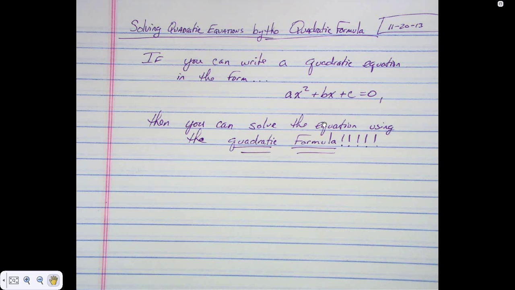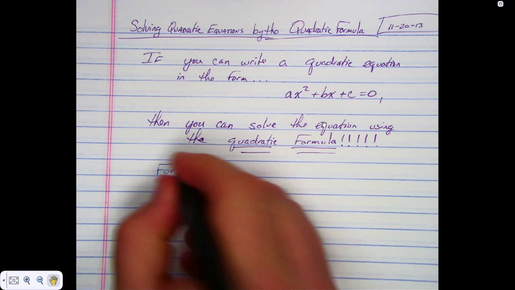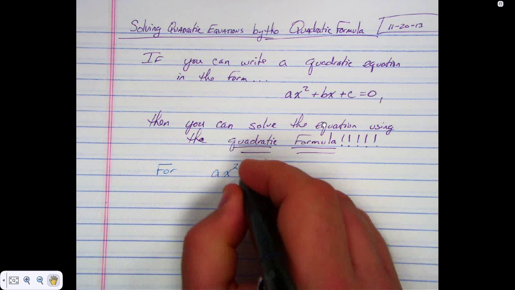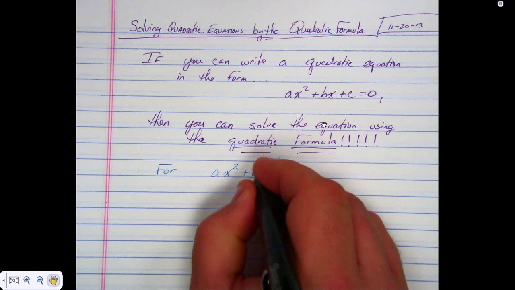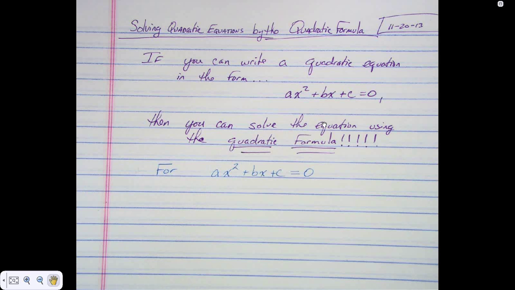Okay, now, does it look a little daunting? Maybe. But it's really not that bad. The simplifying of it is probably much worse. And how it goes is, for ax squared plus bx plus c equal to 0, which we ought to be pretty used to, right?